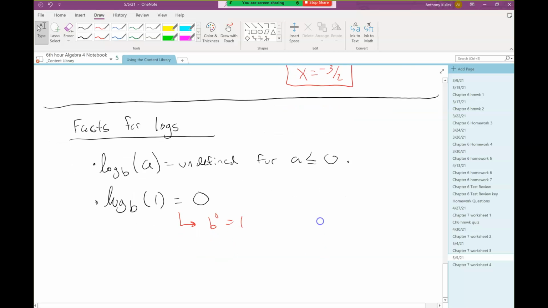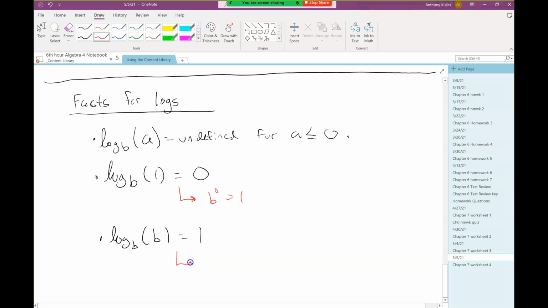So that's just kind of a no-brainer. And then the last fact we'll have is log base b of b is just equal to 1, which is an even more obvious one, because all this is saying is that b to the first is equal to b. Well, yeah, of course it is, right?